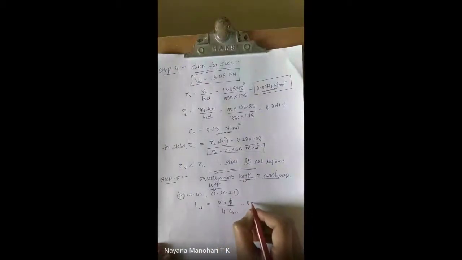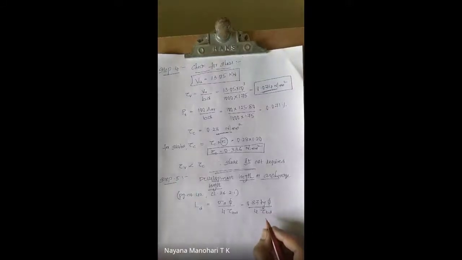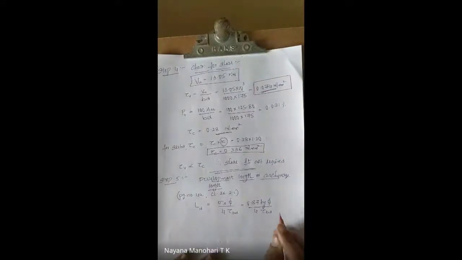Sigma S is nothing but 0.87 Fy into phi divided by 4 into tau BD value. Tau BD value is the bond stress for different grades of concrete.